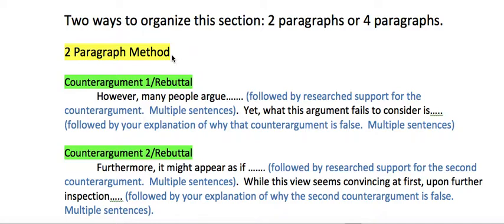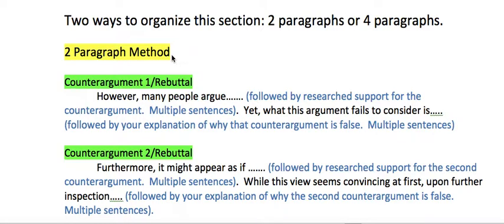No matter if you go with the 2-paragraph or the 4-paragraph method, you're still going to have at least 2 counterarguments and at least 2 rebuttals. But determining which of these methods you want to work on, you're going to have to look to see what you want to accomplish and how much information you have to work with.